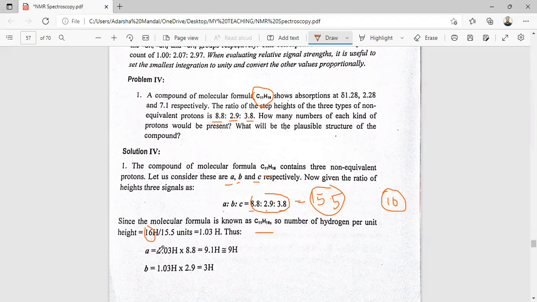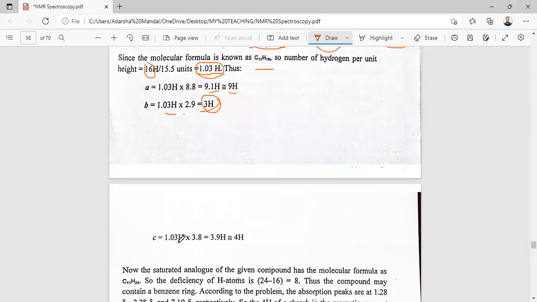So we divide 16 by 15.5, that is 1.03 hydrogen per unit height. For A, the total number of protons is 1.03 times 8.8, that is 9.1, close to 9. For B, 1.03 times 2.9 is 3 hydrogens. And for C, 1.03 times 3.8 is 3.9, that is 4 hydrogens.